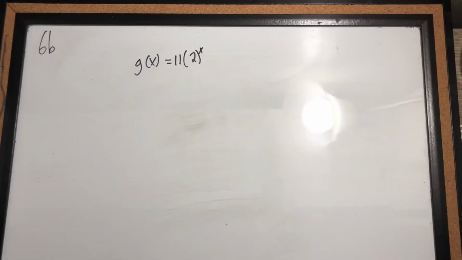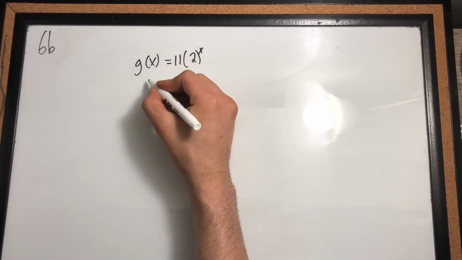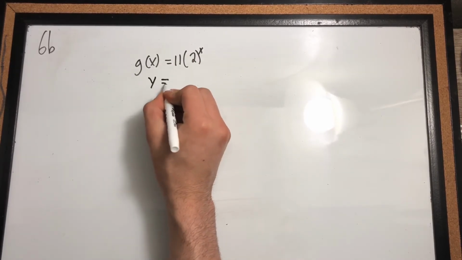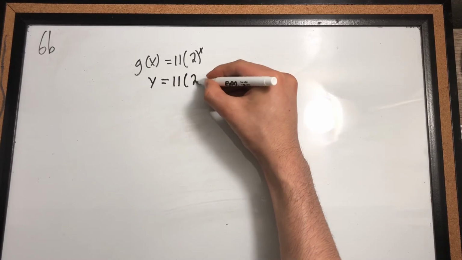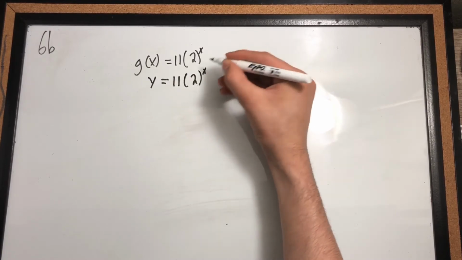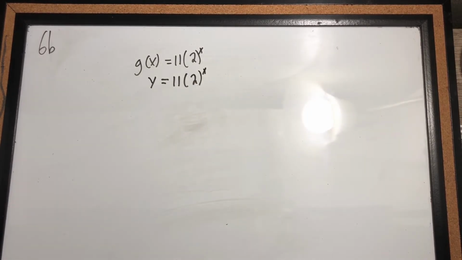Okay, 6b, you're going to find the inverse of this function, and this function is exponential. So you're going to start off changing g of x to y, because remember, they're the same thing. So now you have y equals 11 times 2 to the power of x.